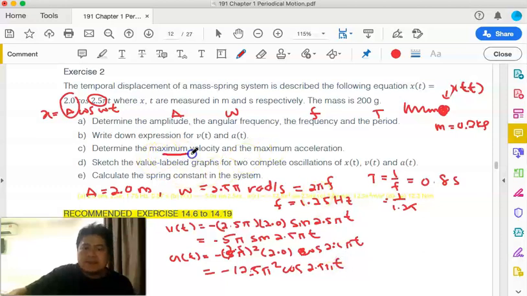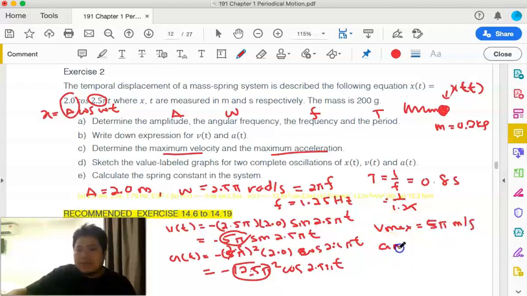Now, what is the maximum velocity and maximum acceleration? Vmax, we just take the value, is 5 pi meters per second, and a max is 12.5 pi squared meters per second squared. Don't forget pi squared.